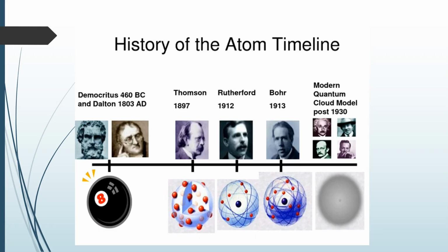So this is a quick summary of those key scientists that were crucial to the development of this model, and as you can see, it is from the contributions of numerous people that this model has been built up, particularly in terms of the modern quantum cloud model, since we have the discovery of nuclear physics, which really opened up our understanding of these areas.